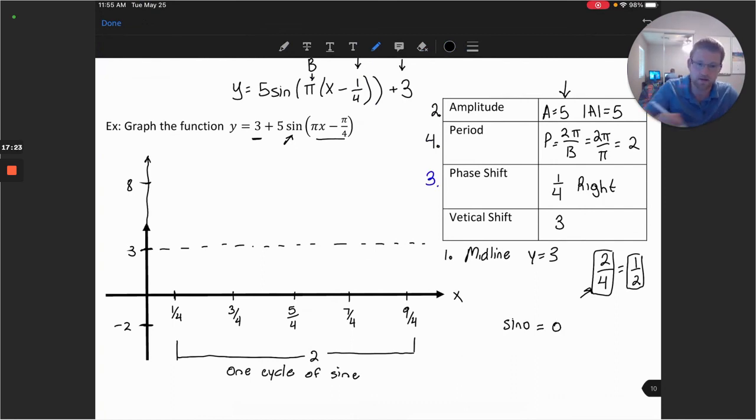That means that when I start my sine function, I start at the midline. I always start my sine function at the midline. And this is a positive sine function, so I will start increasing.